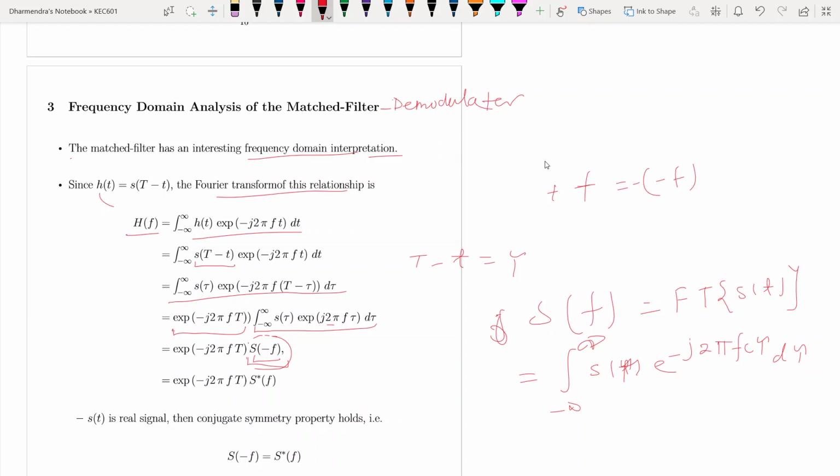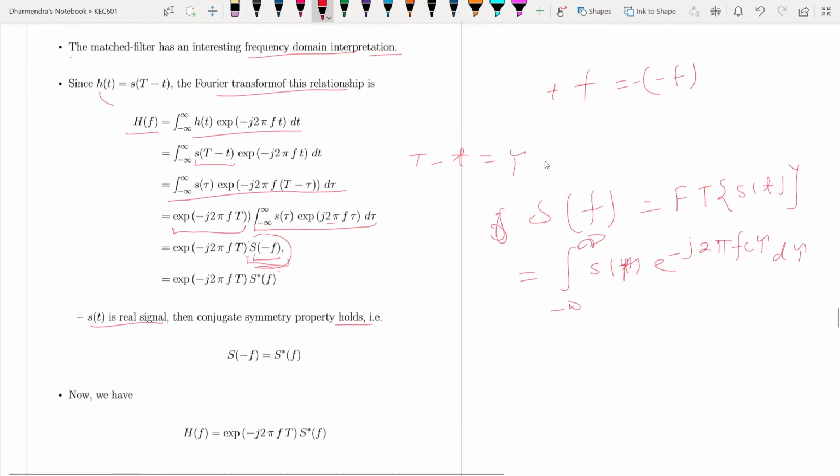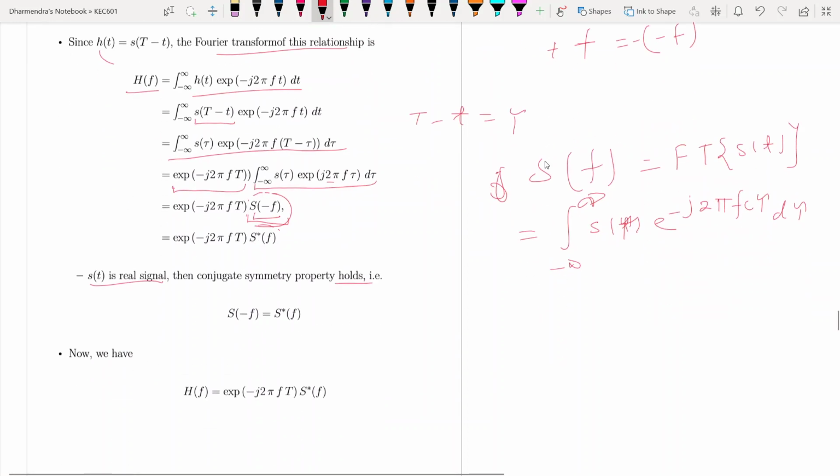Because S of t is a real signal, the conjugate symmetry property holds. It implies that S of minus f will be the conjugate of S of f. So now we have the frequency response of this matched filter.